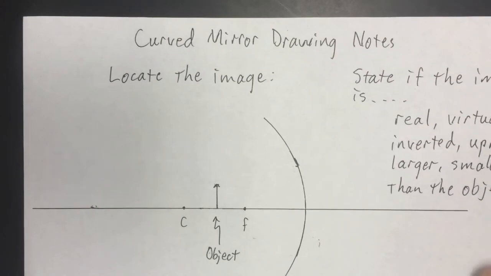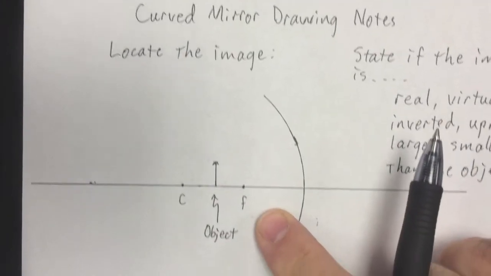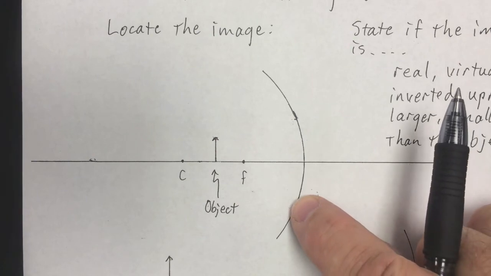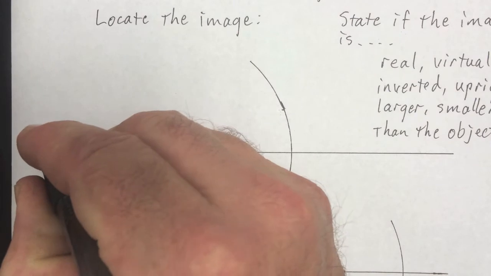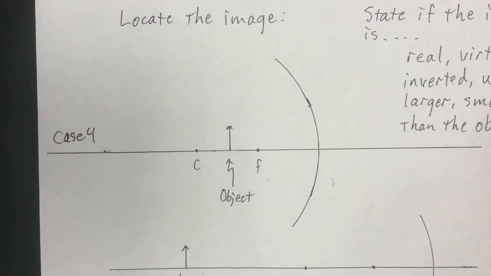What I want to do first is show you what case each drawing is. If you look at the sheet I just showed you, this first drawing is case 4. I'll make a little note of that, so if you get confused on what I'm doing, you can refer back to it.